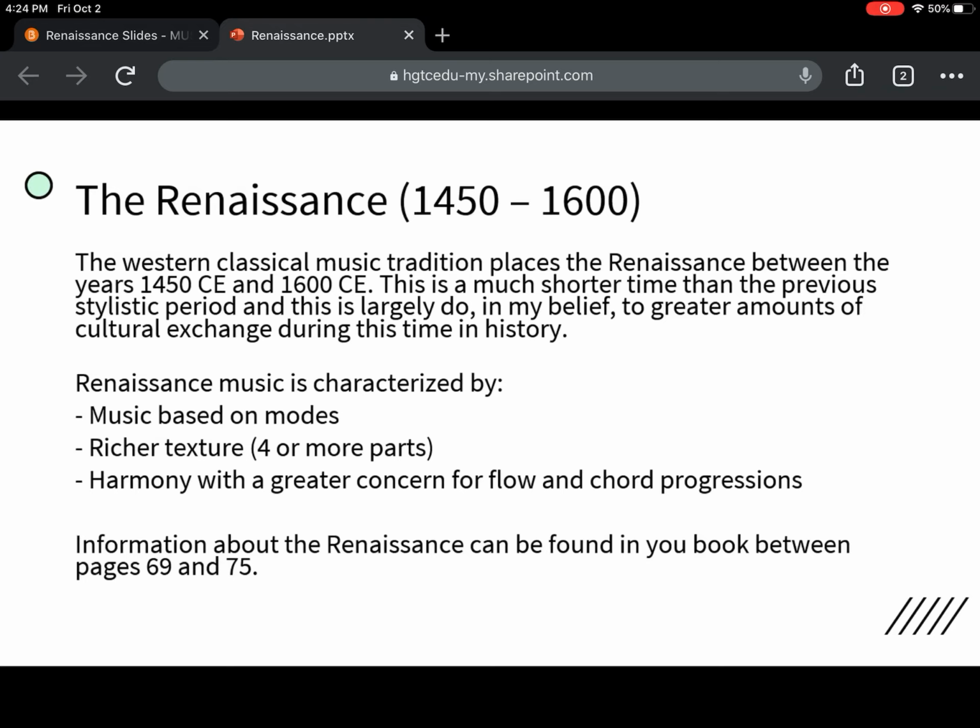So the Renaissance, a much smaller 150-year period of time. It's not the huge 1,000 years that we looked at before. It's just 150 years, but a lot happened in this 150 years. So basically in the Renaissance period, we start to see music in modes. So music starts to use scales, and have more harmonic structure than it did before.